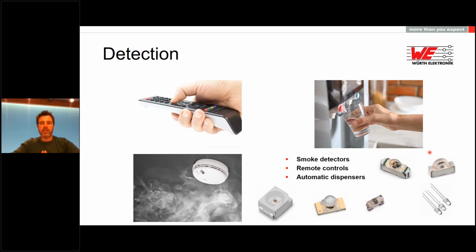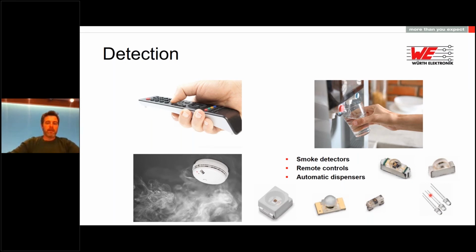Such touchless systems can help increase our hygiene. In addition, we can see in every house there is a remote control or smoke detectors which use the diffraction of infrared light for detection of smoke or free air. In this case, we usually also use low power LEDs as PLCC or chip LEDs or the standard through-hole technology.